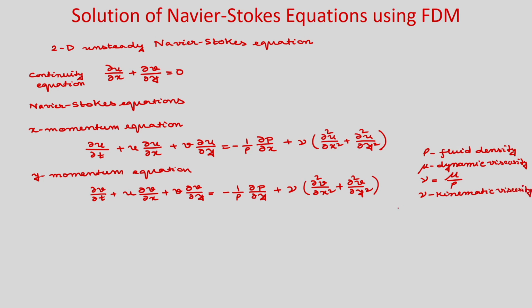And we have considered Cartesian coordinates. So, this is the x direction, this is the y direction, and we have velocity u in x direction and velocity v in y direction.